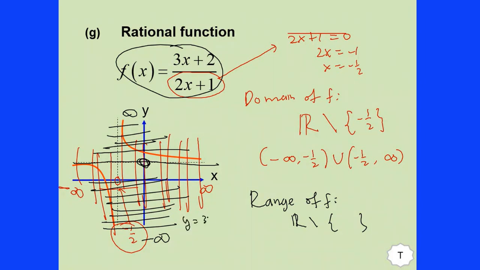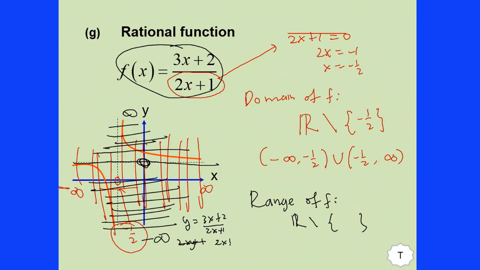Y equals 3x plus 2 over 2x plus 1. Take write x as a subject. Jadikan dia sebagai subjek lah.